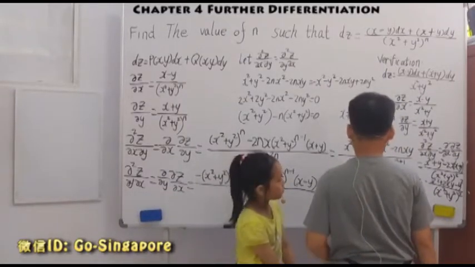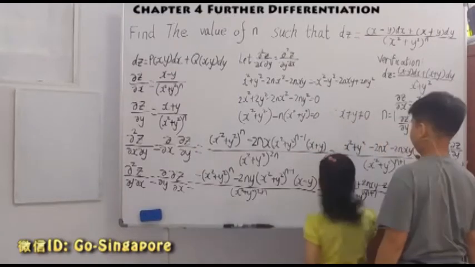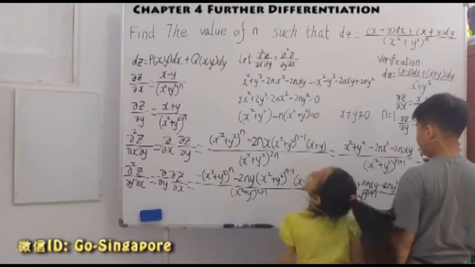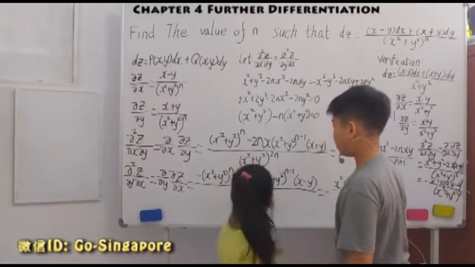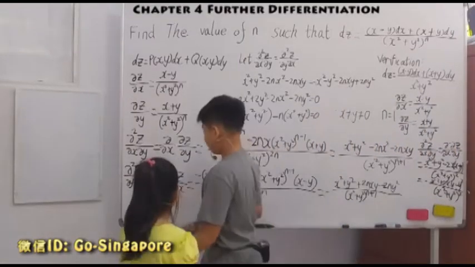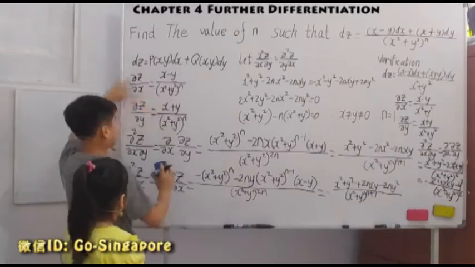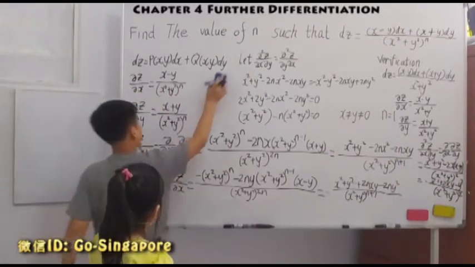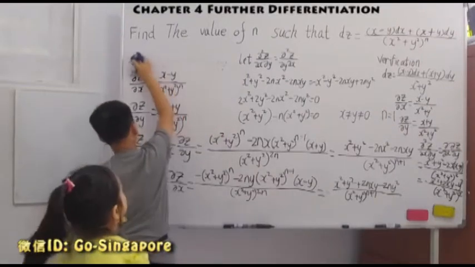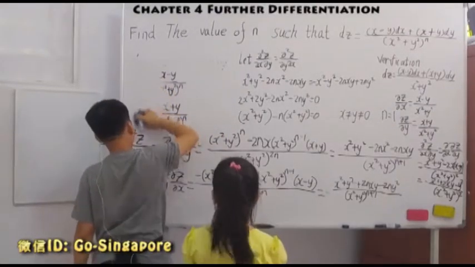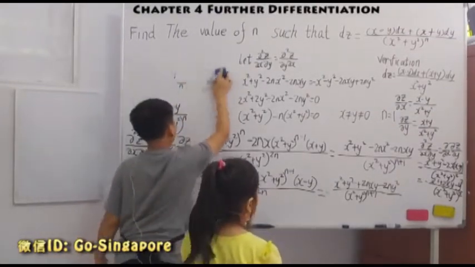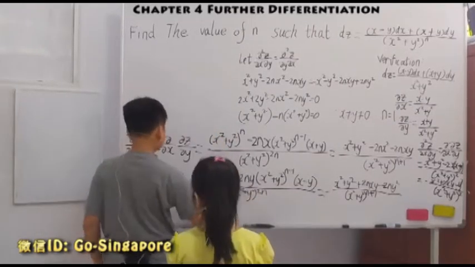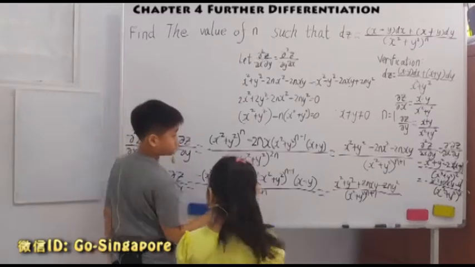Then we'll need to find the other mixed partial derivative. So remember that n is 1. Okay, so can I just erase this part? Only the top? No. Wait, this one we no need. No need to copy.